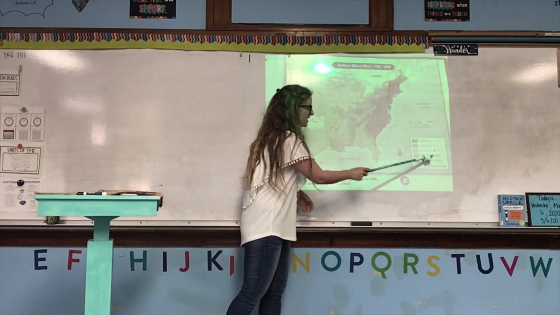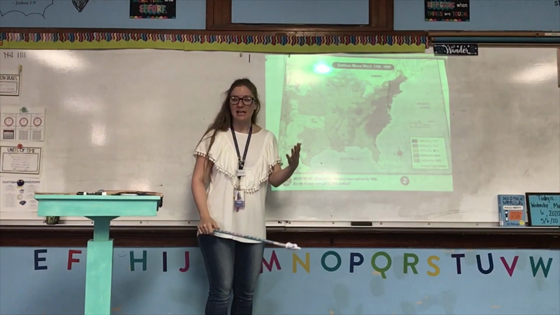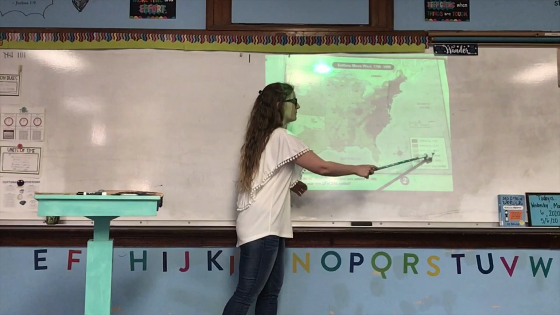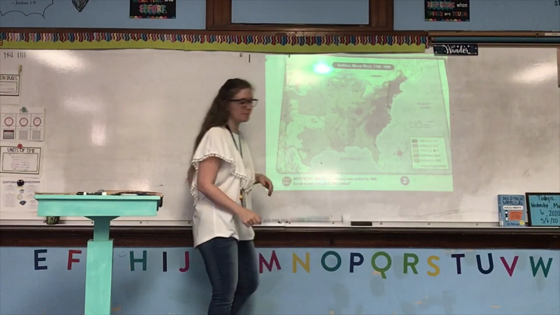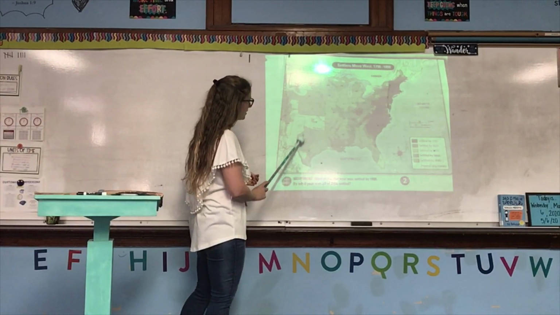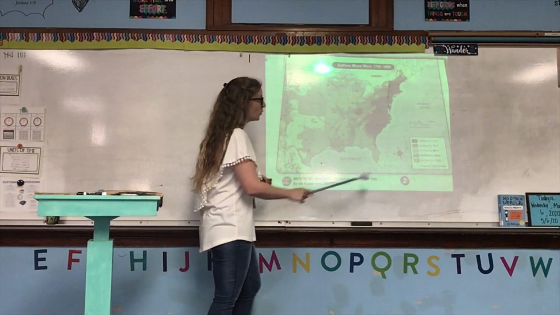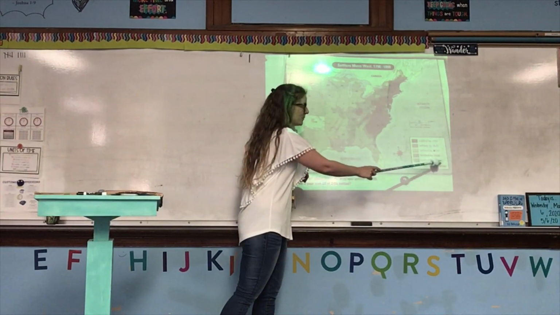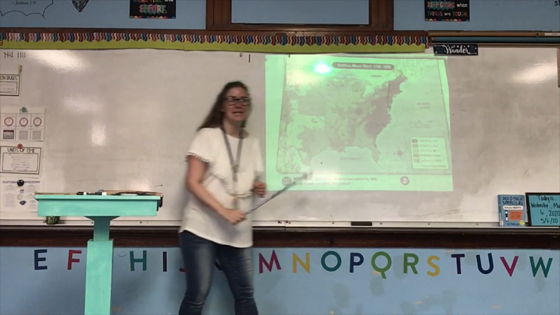But from 1850 to 1860 was only 10 years. So that's probably why there was a little less settlement that happened between 1850 and 1860. And then the green is what was settled. So this green along the edge is what was settled in the 30 years between 1860 and 1890.